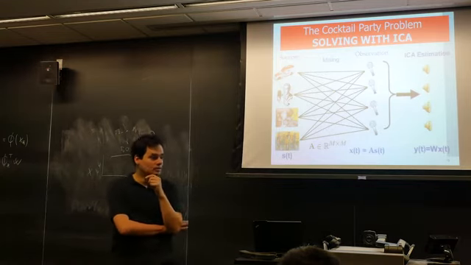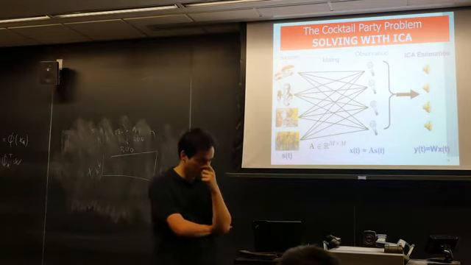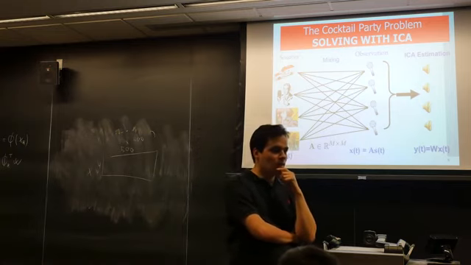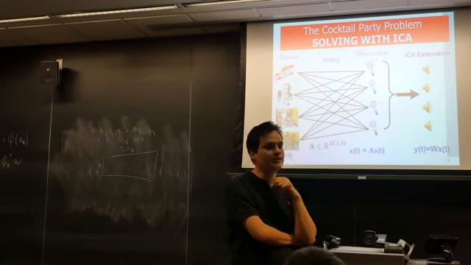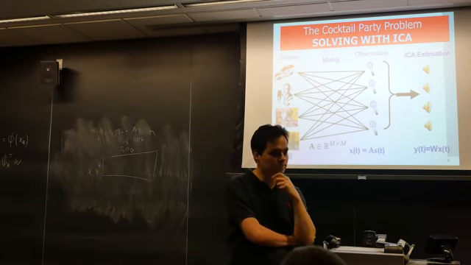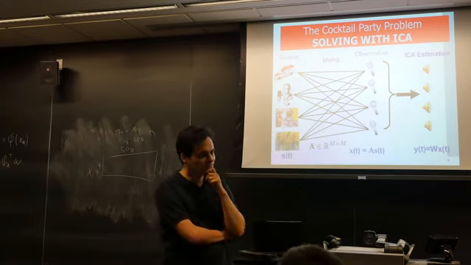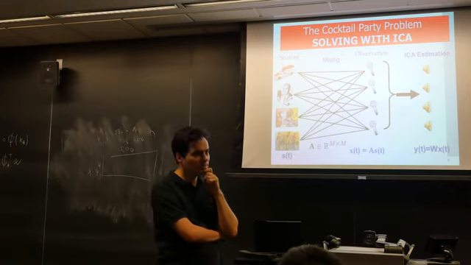Right, so each microphone has a fixed distance to each one of the sources. We don't know those distances. But they do have fixed distances, so they don't move, for example. So you can see what's the loudest or something.